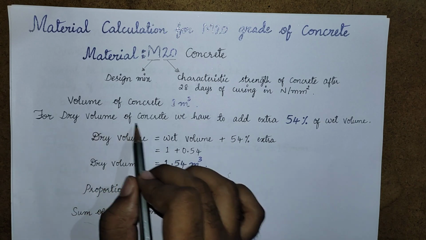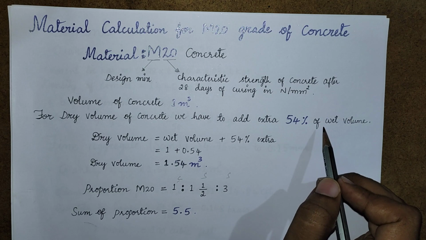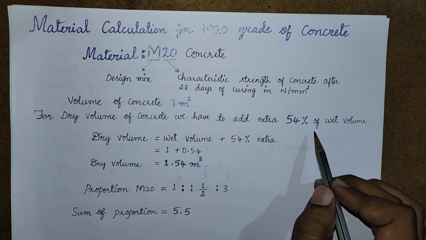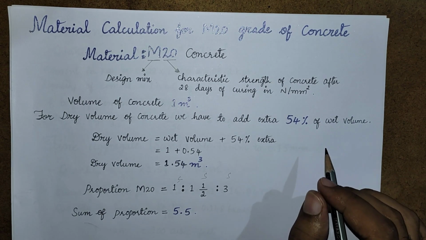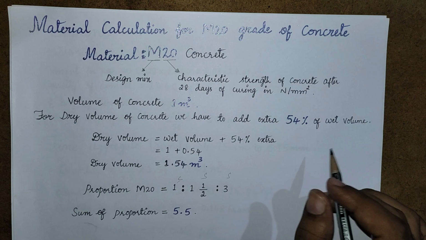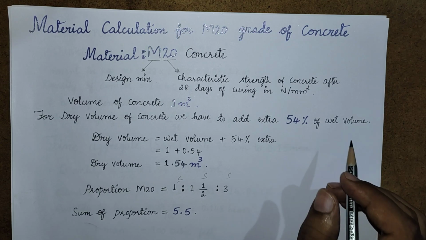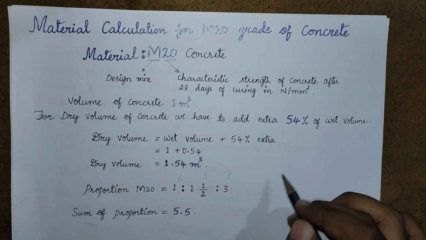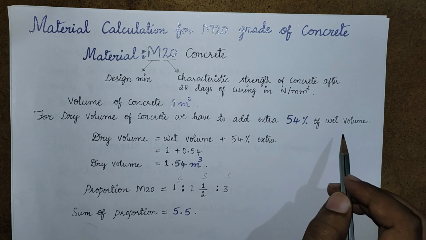For dry volume of concrete we have to add 54% extra. So why we have to add 54% extra? As we know, cement contains lumps, air voids, and there is an action of bulking of sand, and the gaps between the coarse aggregate and some wastage of material takes place. So we have to add 54% extra for dry mix.